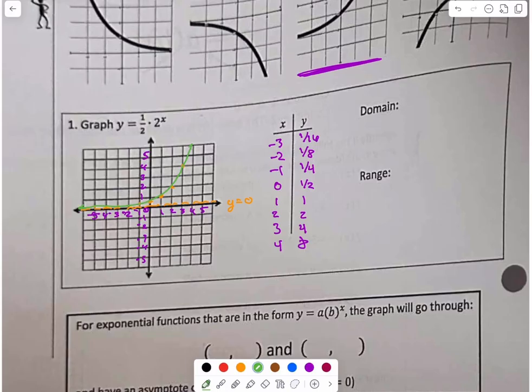So if this is our image, the domain of this guy is the very left to the very right, all reals. The range is the very bottom to the very top, so 0 to infinity. Again, we get really close to 0, but we don't reach it, so that's going to get a parentheses.